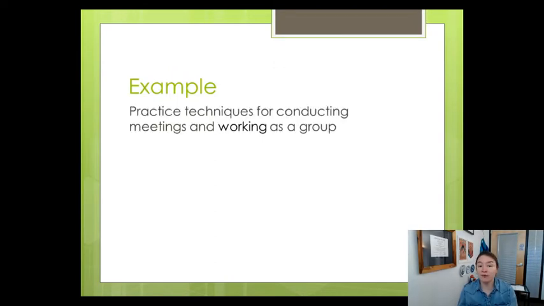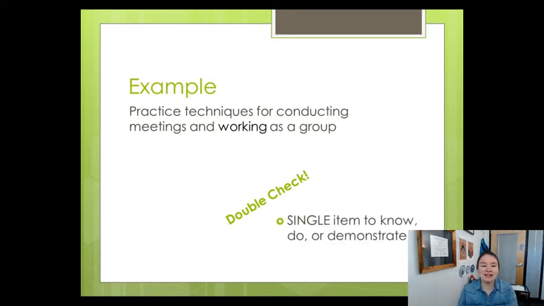So an example from one of my courses is that the student will practice techniques for conducting meetings and working as a group. A double check that you want to make is that that outcome is a single item that the student will know, do, or demonstrate. If you end up with a really long list, you might want to reconsider and break them out into multiple outcomes.